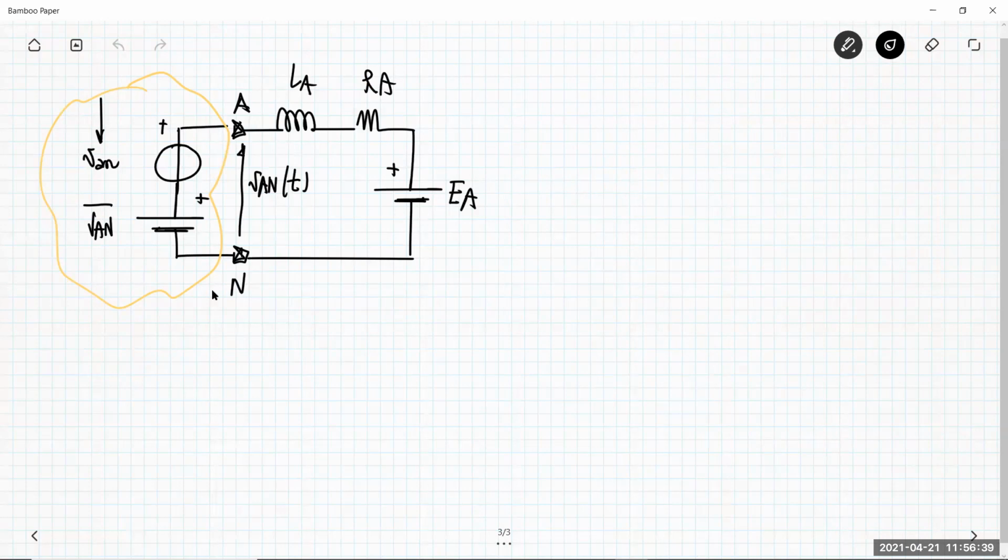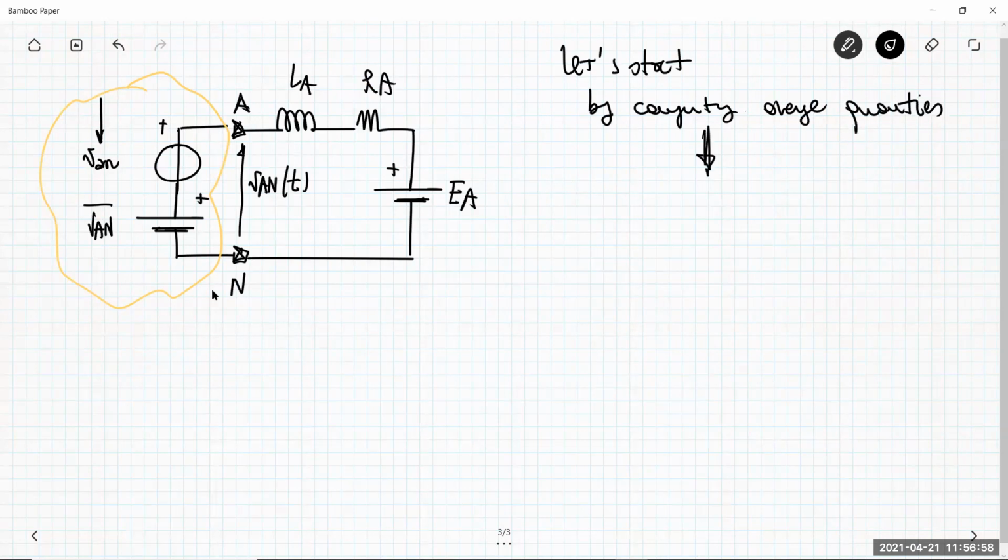So let's start by computing average voltage, average quantities.